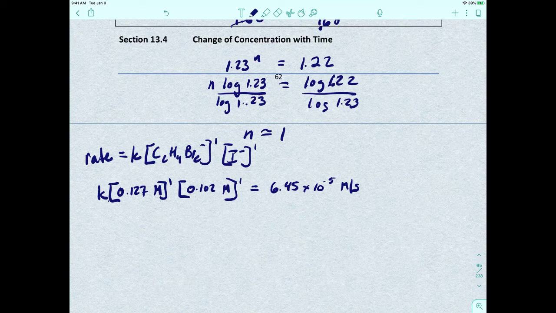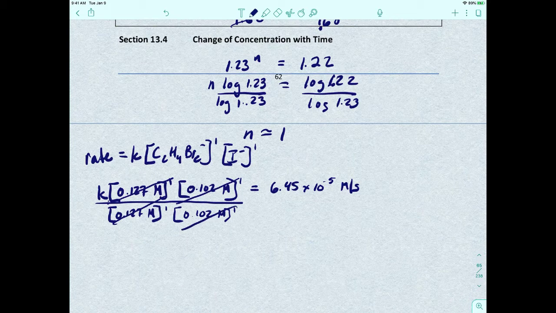All right, so what we want to do is get k by itself. So I'm going to divide both sides by the concentrations, 0.127 molar raised to the first, 0.102 molar raised to the first. So that way they cancel out on the left-hand side. Right-hand side, we got 0.127 molar raised to the first times 0.102 molar raised to the first.